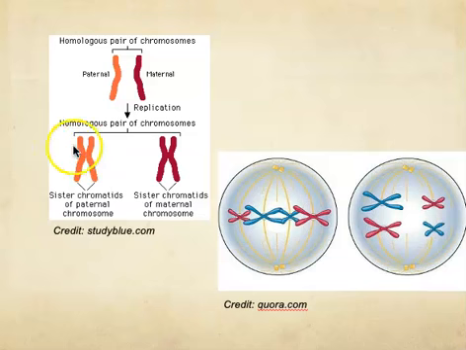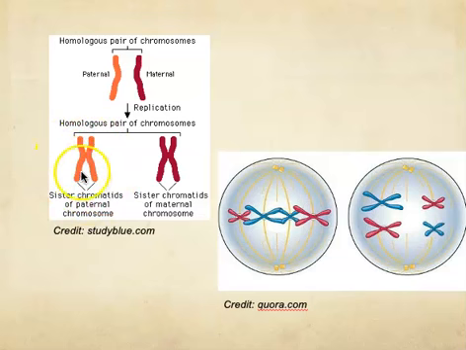Over here, a replicated chromosome. We refer to this copy as a chromatid and this copy as a chromatid. So these would also be called sister chromatids. These two copies are identical. Over here we also have sister chromatids. These two copies are identical.